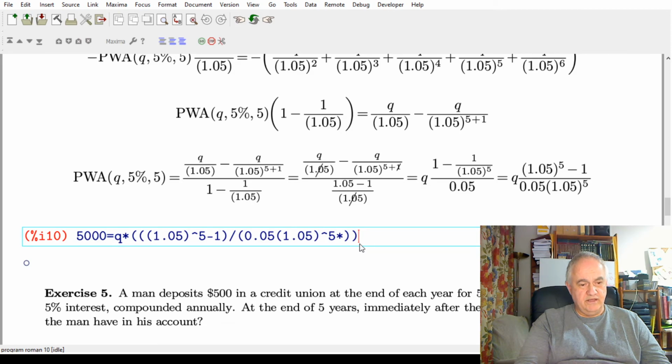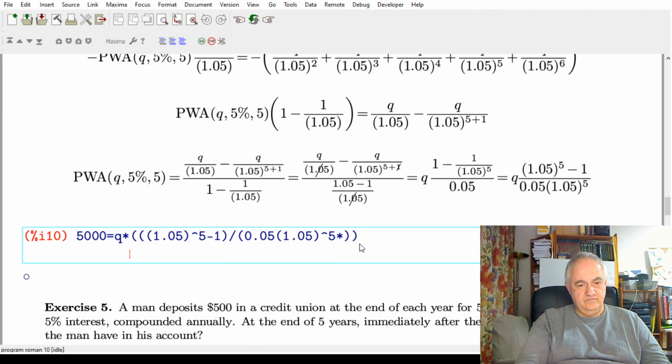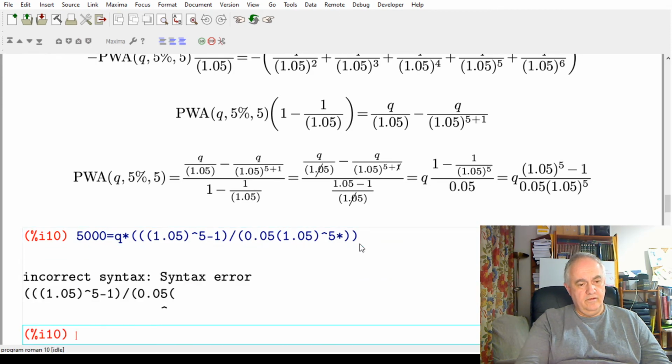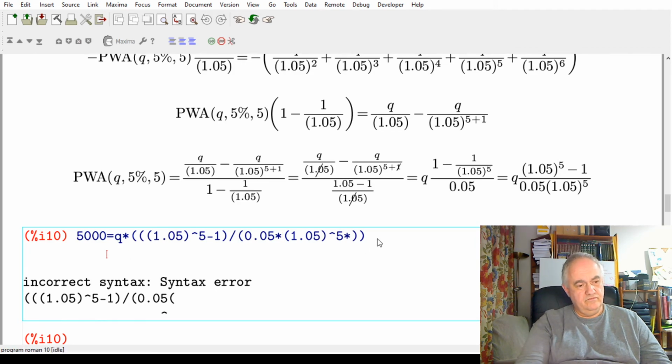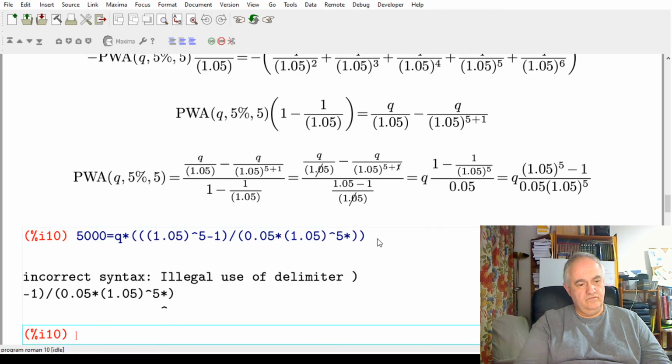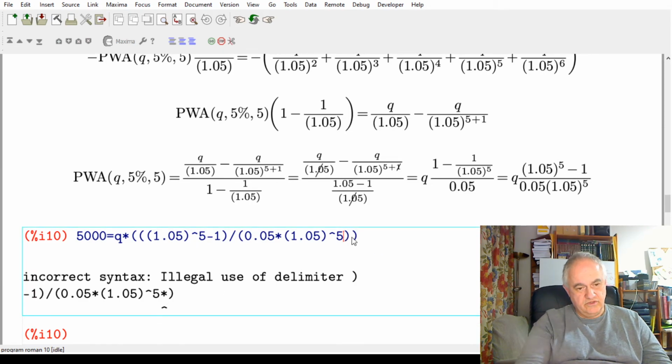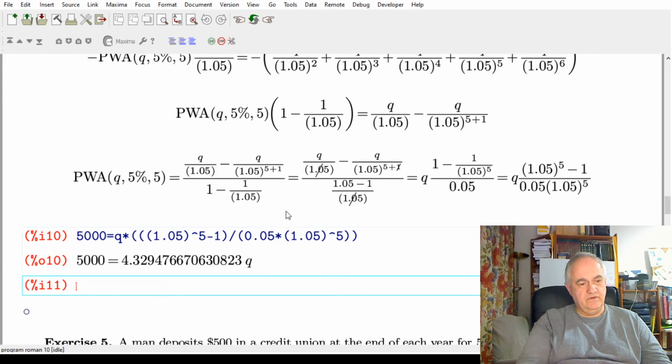There are extra brackets, but in any case, everything is okay. Sorry. There is a missing multiplier there. Oh, this one is extra. Okay. So let's check it this time.